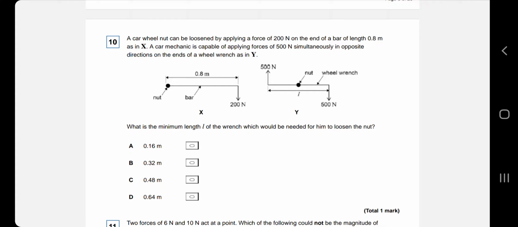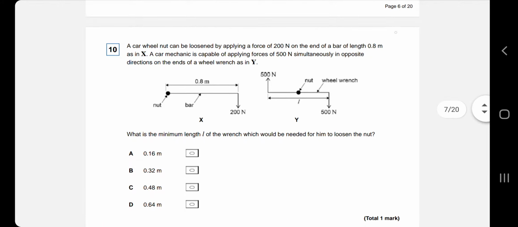So what we should do is figure out the turning effect of bar X, which is simply 200 newtons multiplied by 0.8 meters. So 200 times 0.8 is 160 newton meters.